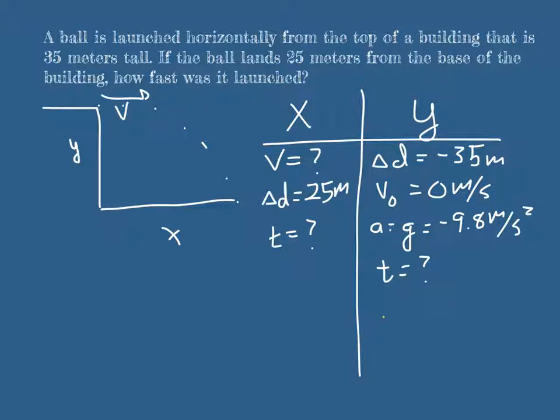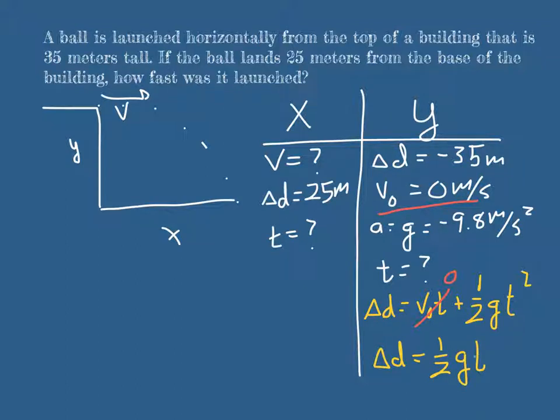We're going to use the equation delta d equals v naught times t plus 1/2 times acceleration times time squared. In this case, since our v naught is 0, that whole term disappears, and we're left with simply delta d equals 1/2 gt squared.